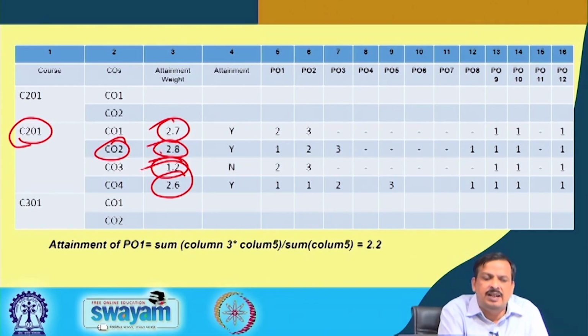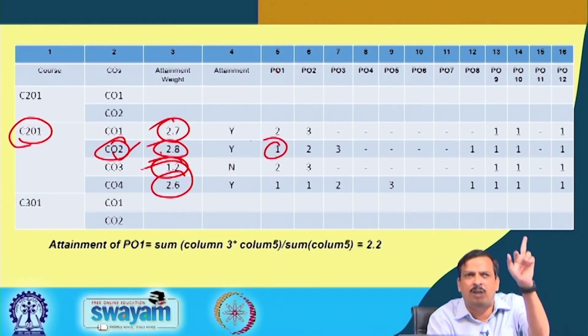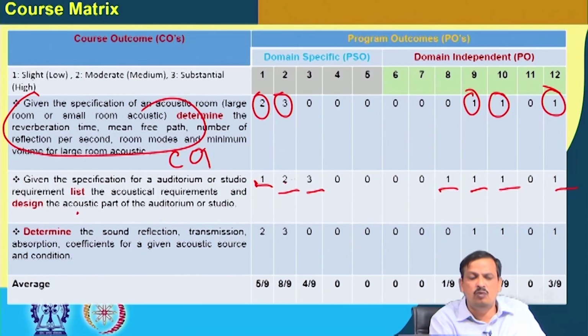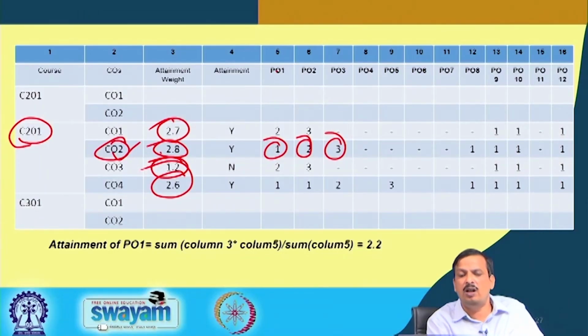So, 2.8. PO1 contribution of CO2 to PO1 weight vector 1 as per course matrix. Contribution of CO2 to PO2 as per course matrix weight vector 2. Contribution to PO3 as per CO2 is 3. 1, 2, 3 and then 1, 1, 1, 1.